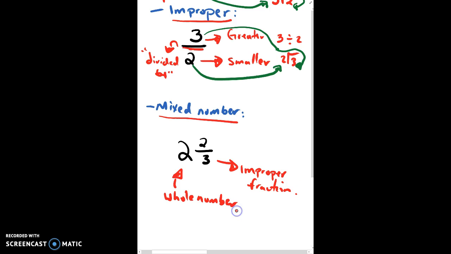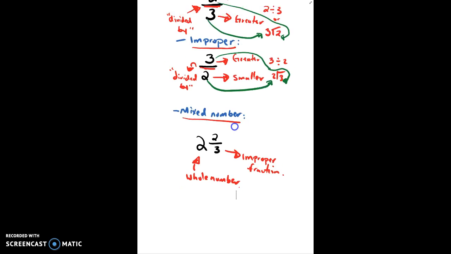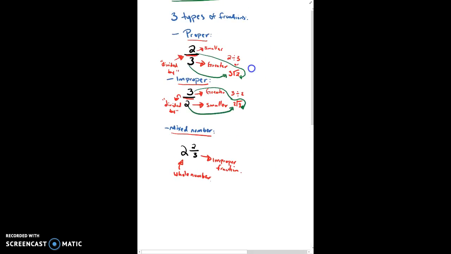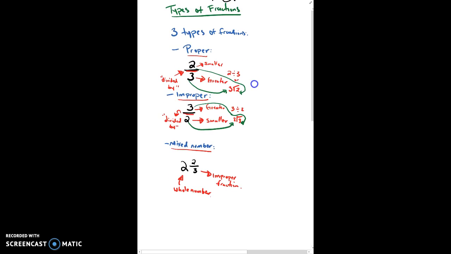Mixed numbers include whole numbers and improper fractions, and you can usually transform a mixed number to an improper fraction and vice versa. But I'll show you how to do that in just 1 second. But keep in mind that the three types of fractions are proper, improper, and mixed number, and that they look like this.